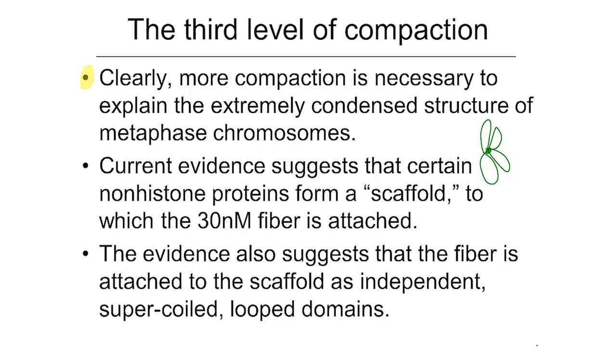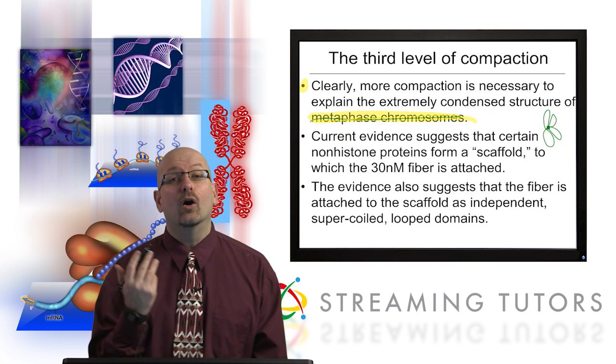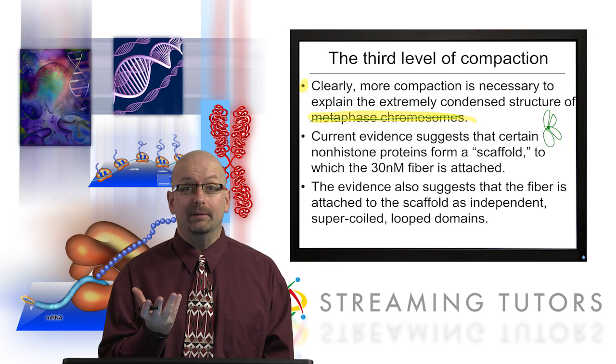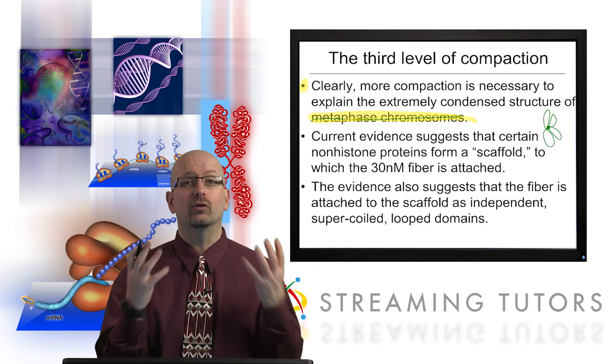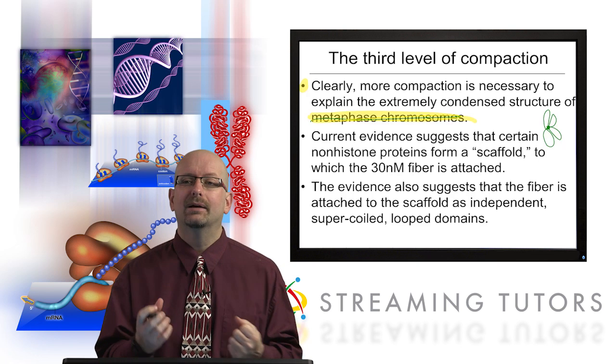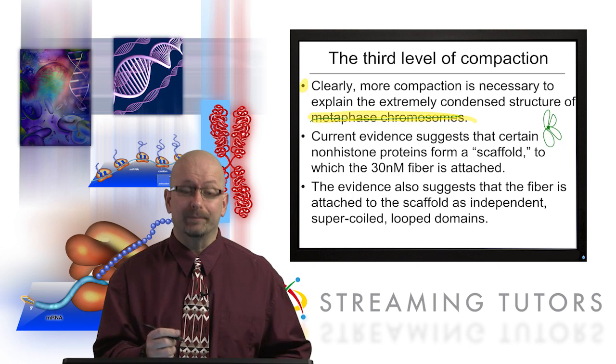So the metaphase chromosome, which I've crossed out and then highlighted, are the ones that we see whenever you say, here's a karyotype. They always use metaphase chromosomes. They're the biggest, most robust, most obvious structures there are.